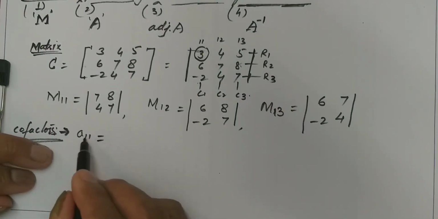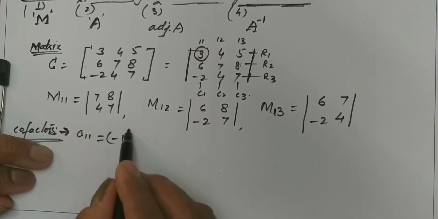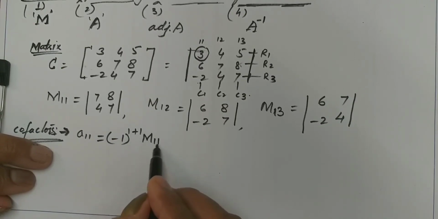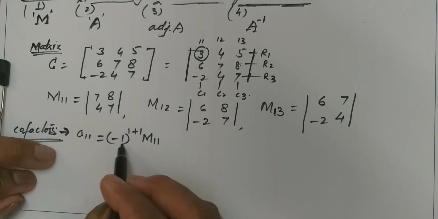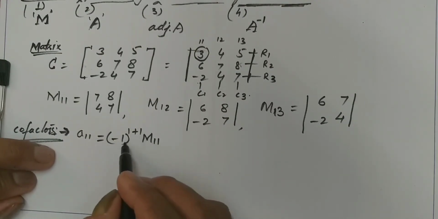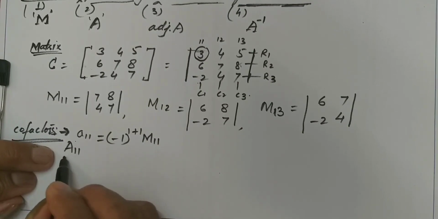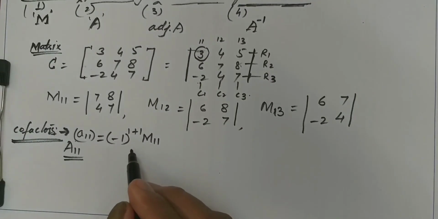So now we have suffix 11, so we will take the sign minus 1 to the power 1 plus 1 into minor 11. So minors with the sign are called cofactors.